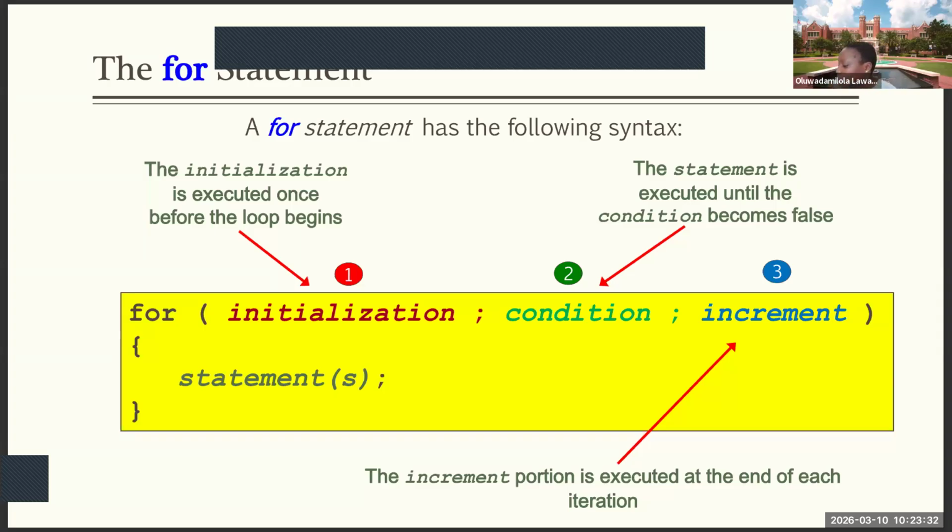Let's look at the syntax of the for loop. In the for loop, we have all the 3 requirements in a single line. We initialize our control variable here.